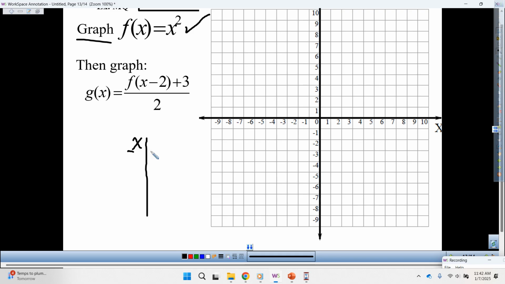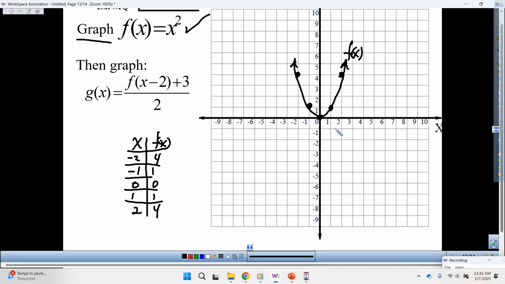X, f of x: -2, -1, 0, 1, 2 gives 4, 1, 0, 1, 4. Once again, I'm giving you plenty of practice because eventually you should be able to graph these 5 points without a table. Is that correct? Yes, Mr. Q. I got you. All right. There it is.